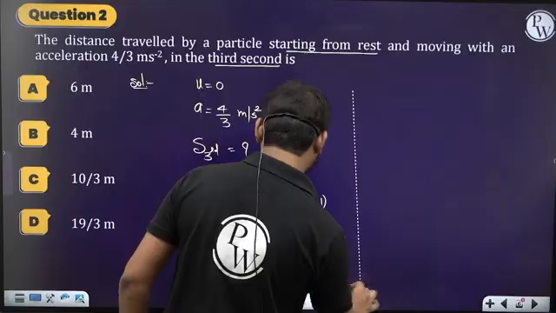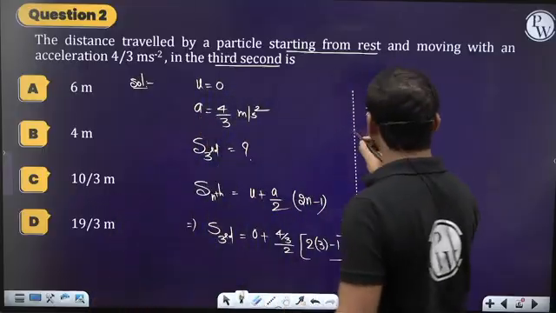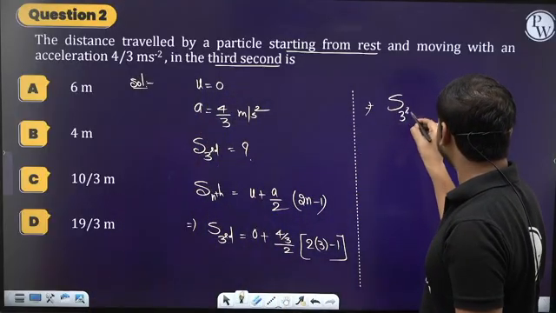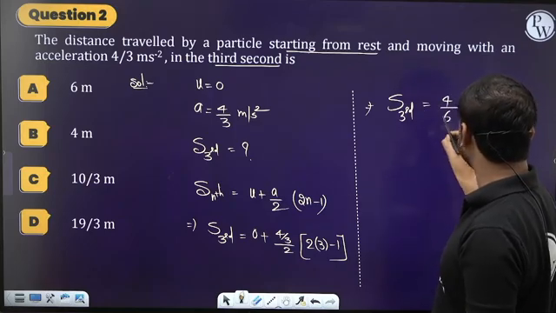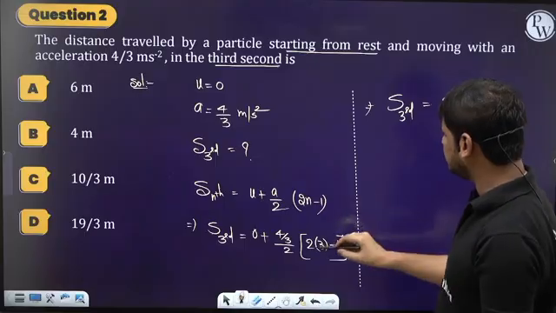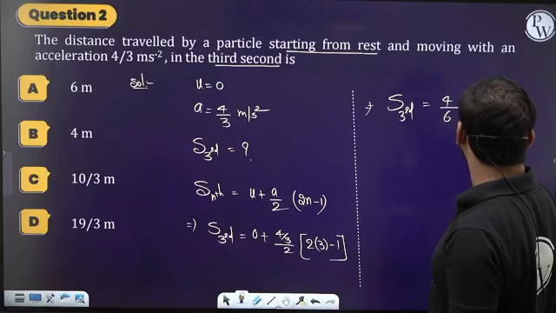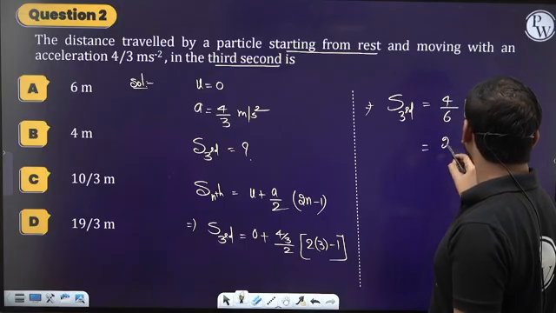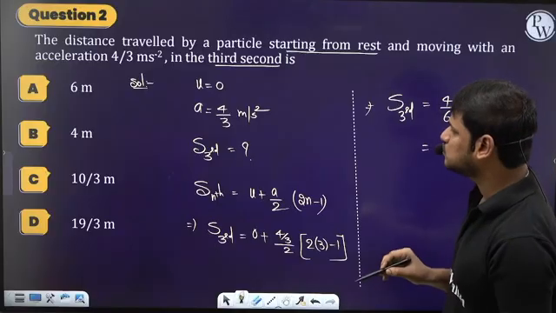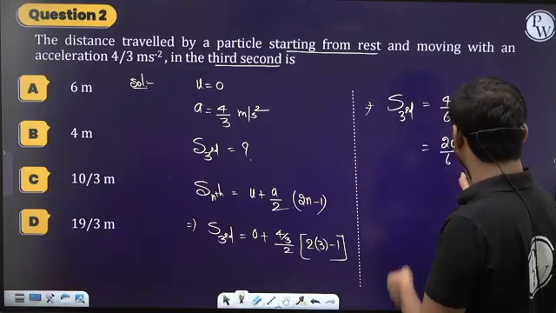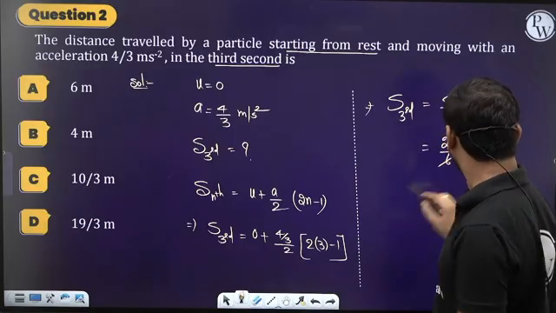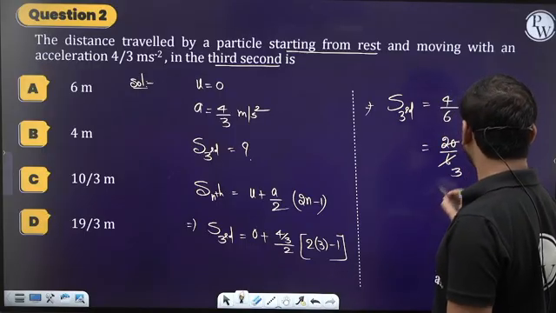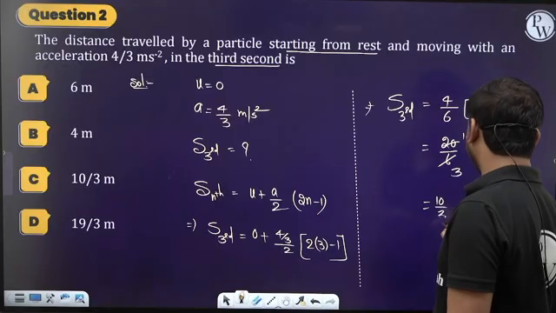Now let's substitute. The distance covered in the third second will be equal to 4/3 into 6 minus 1, which is 5. So which is nothing but 20 by 6, which is 10 by 3 meters.